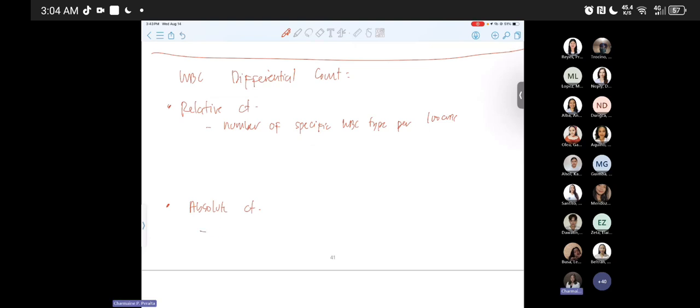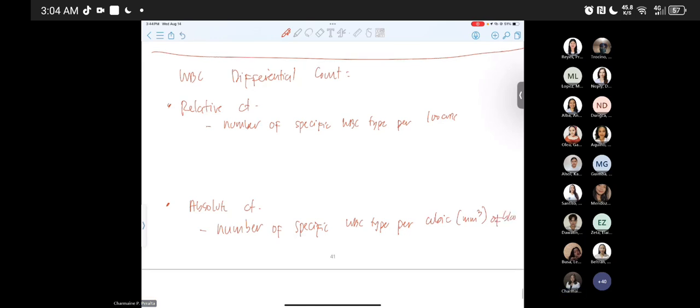Si absolute count is the number of specific WBC type per cubic millimeter of blood. Ang formula nito is relative count times WBC count.